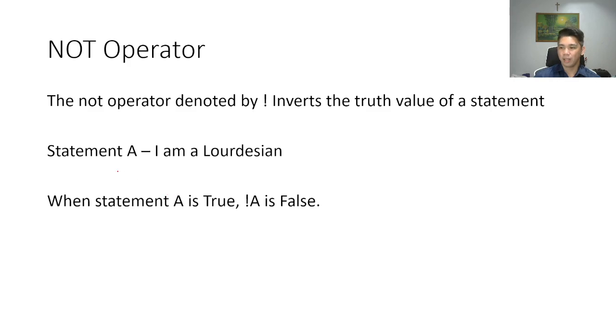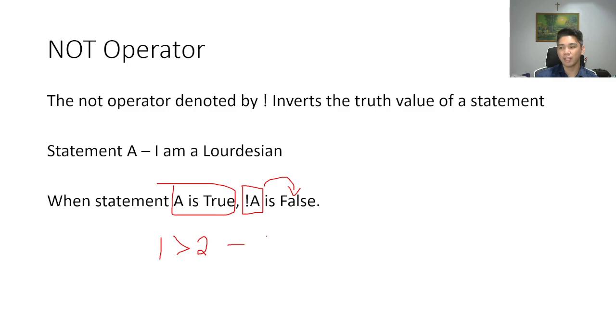So when a statement like statement A is true, if we add a not operator before the statement, it will actually become false. So when I say I am a Lordesian, when we negate that, it will become I am not a Lordesian.